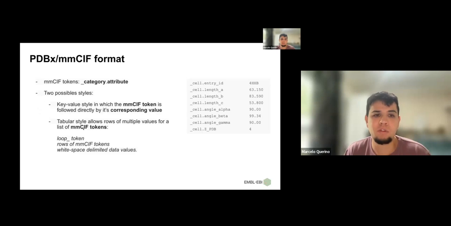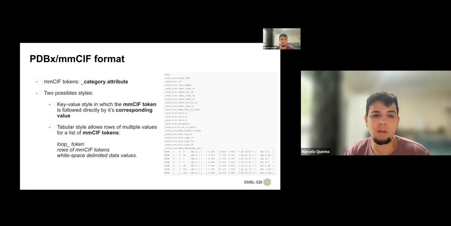This format can be viewed as a collection of mmCIF tokens. These mmCIF tokens are basically an underscore, a category, a dot, and an attribute of interest, in two possible styles. This figure here on the right shows the key-value style, in which you have an mmCIF token followed directly by its corresponding value.